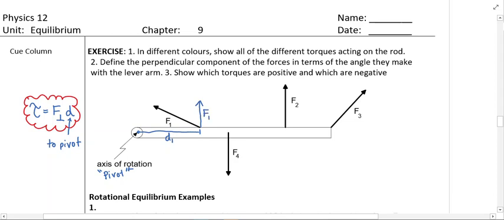I'll put in F1 perpendicular here. And I knew to stop right there because you always want to do a 90-degree turn. And this component here, I'll call this F1 parallel. Okay, so your perpendicular and your parallel components meet at 90-degree angles, just like your X and Y components do.